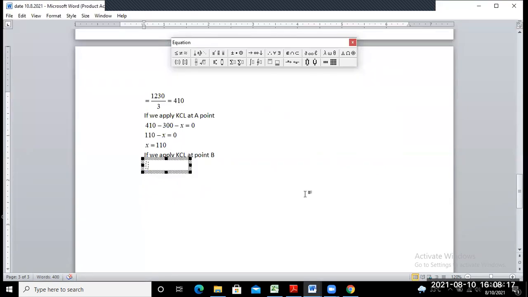So incoming current, 110 ampere, plus some amount Y is incoming to the node, and outgoing current 180 is represented by minus. That equals 0.